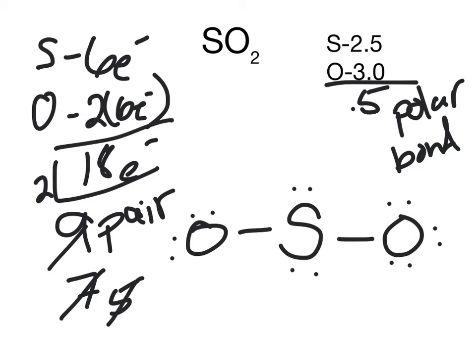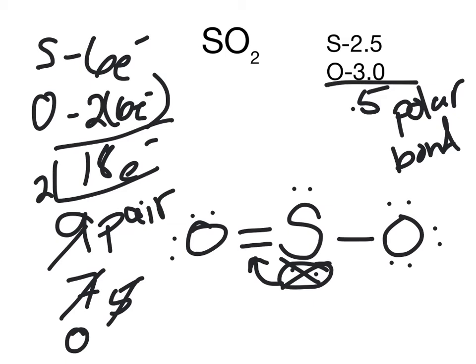So I'm out of electrons. When I check my bonds, I look and see that sulfur is good, one of the oxygens is good, the other one is not. So I'm going to need to take a lone pair and pull it in to make a double bond. And that gives me my sulfur dioxide.